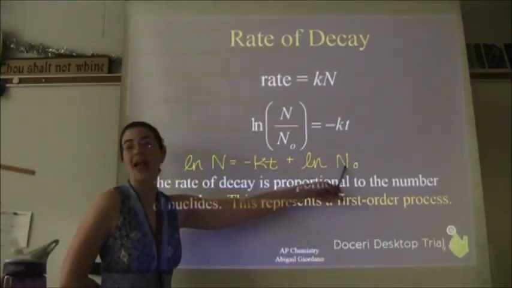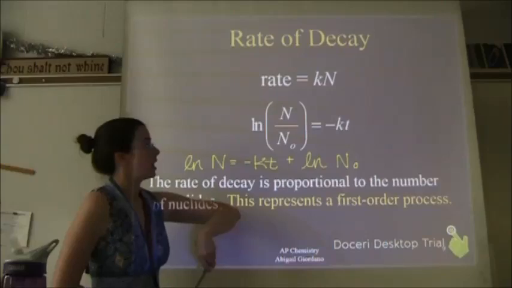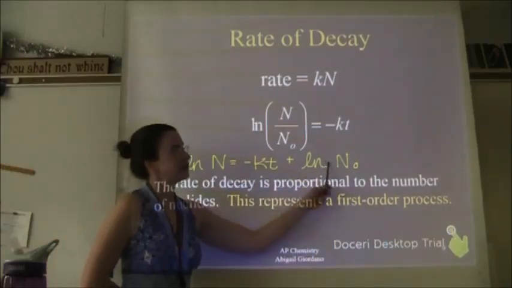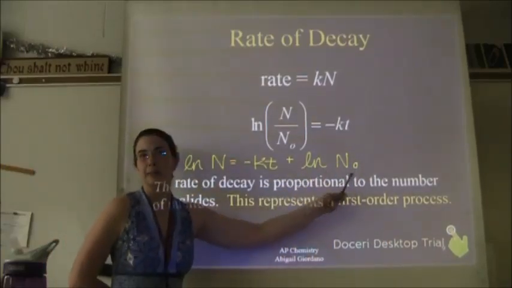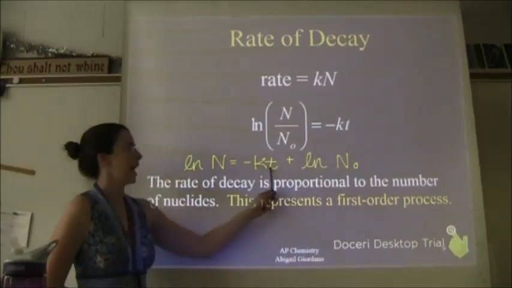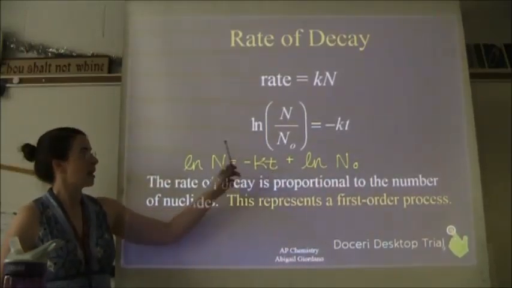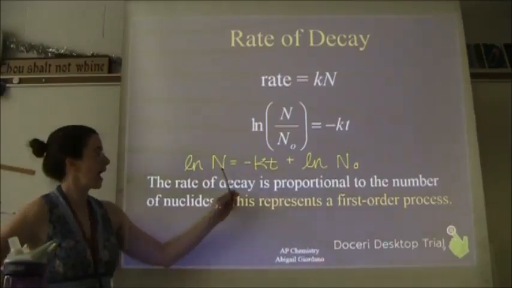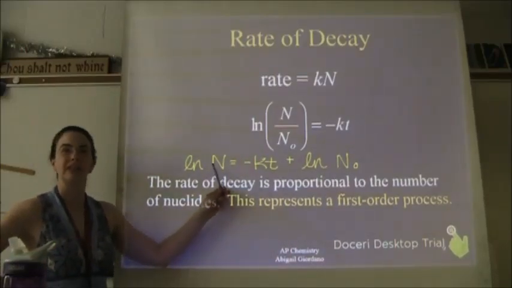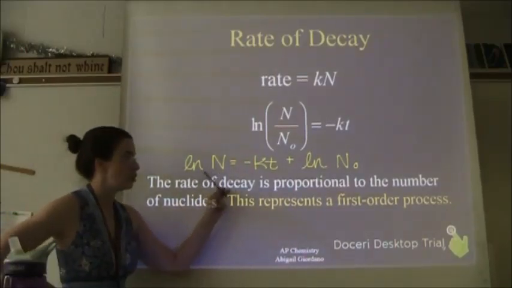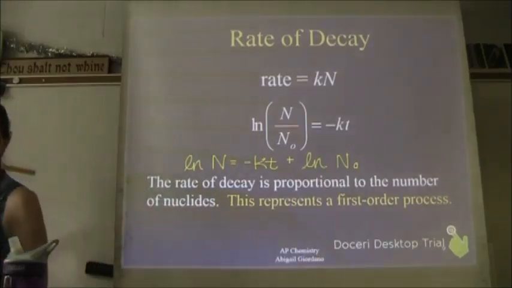It could be a number of atoms. If I have 50 grams of uranium and 10 minutes goes by, remember t is time, and it decays, how much uranium is left? You can use this equation just like that.